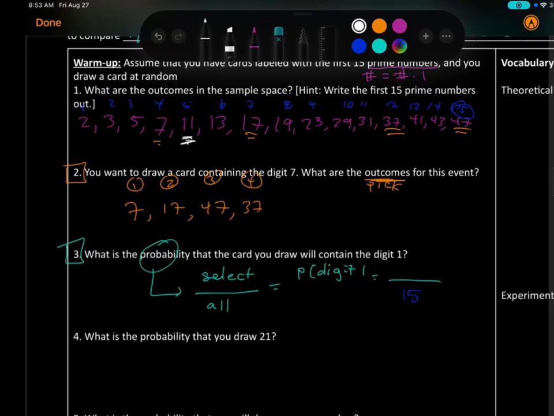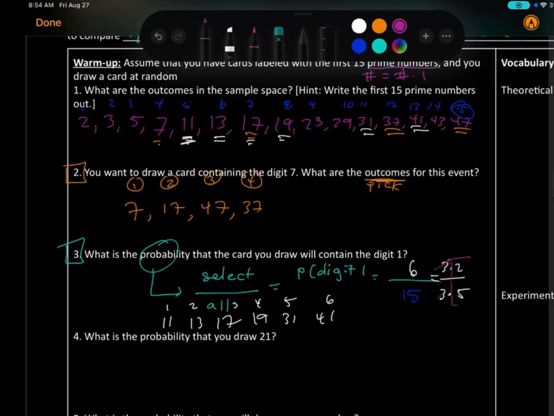I'll just write these down: 11, 13, 17, 19, 31, and 41. So that is 1, 2, 3, 4, 5, 6 of these. So 6 out of 15, and then we can just reduce this. 3 divided by 3 is 1, so your answer is 2/5. The probability they draw one card containing the digit 1 is 2/5.